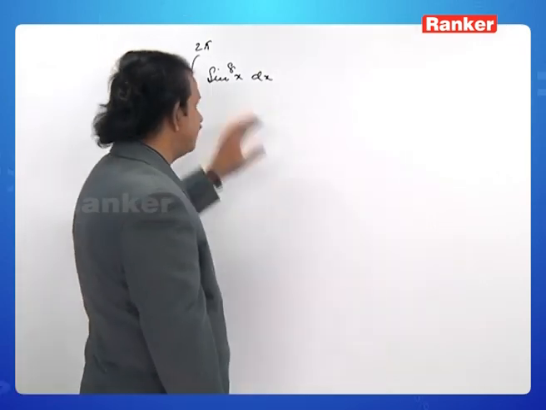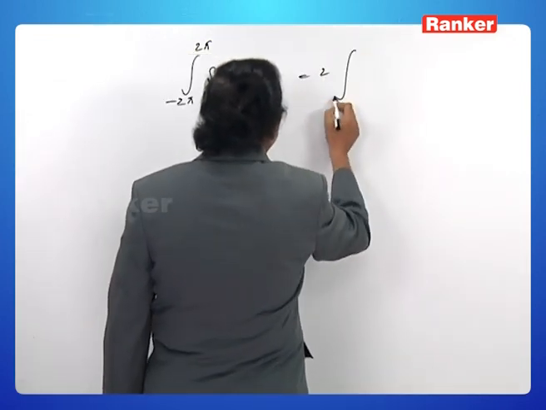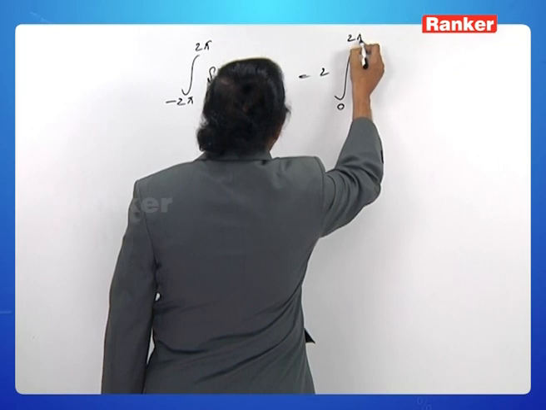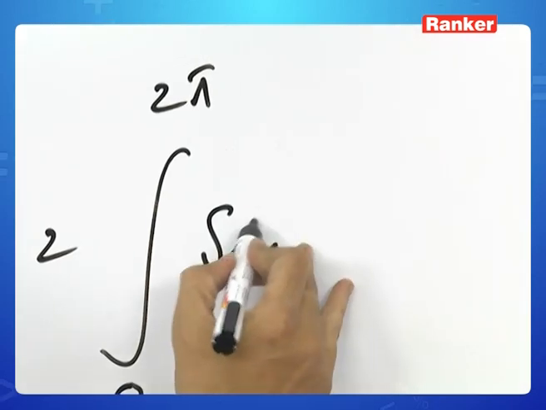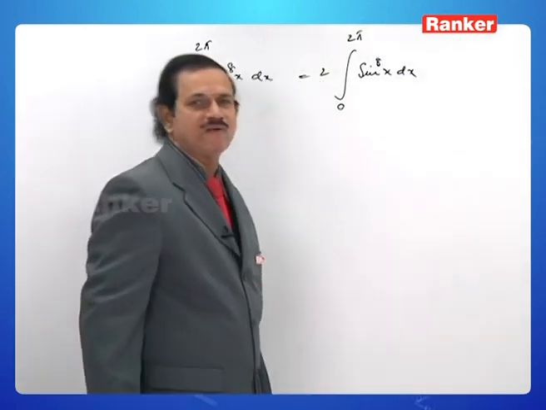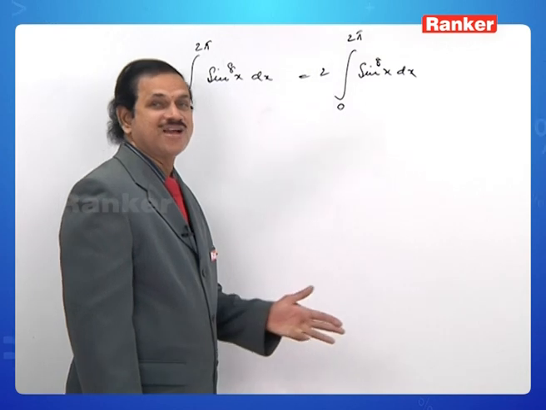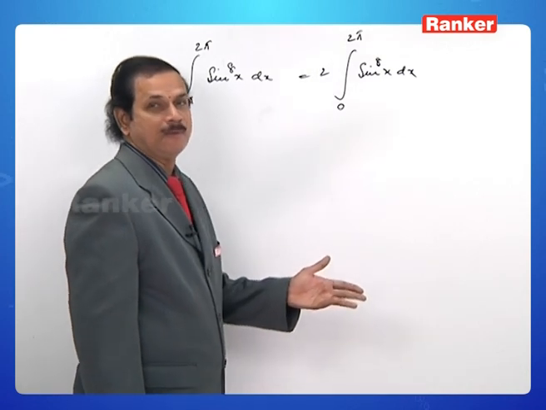Of course, sine power 8x is an even function. Hence, you can write this as 2 into integral 0 to 2 pi sine power 8x. What is the reason? Sine power 8x is an even function. Well, now, it is not in the standard form of Wallis formula.